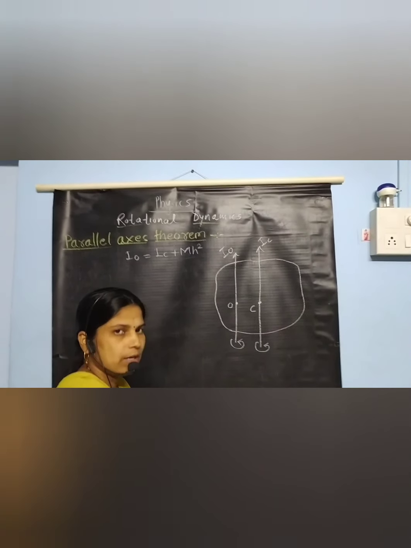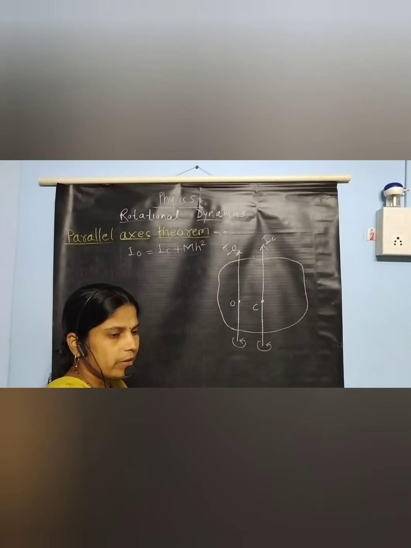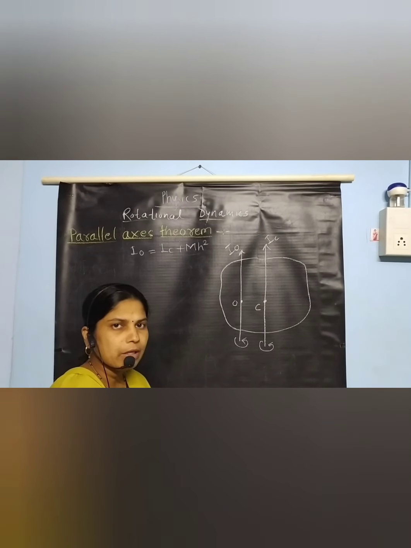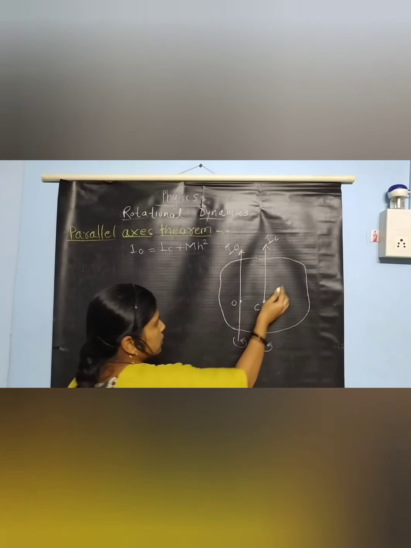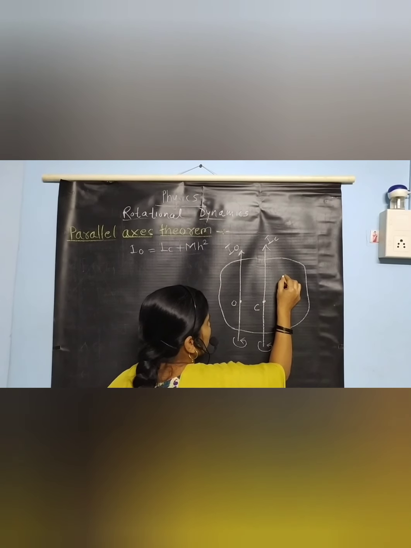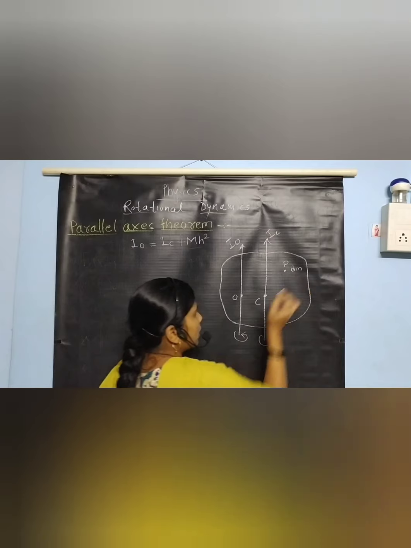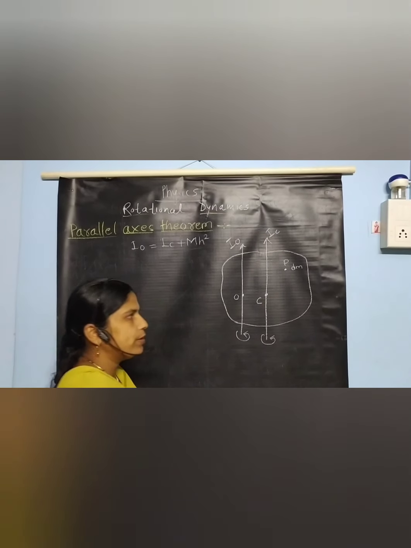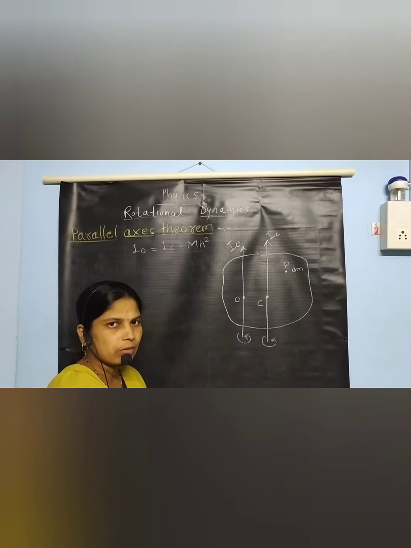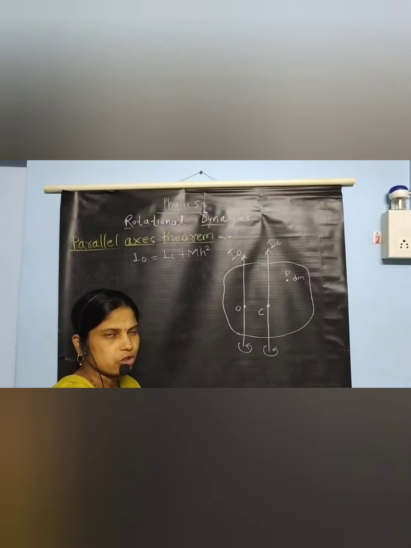Whole body has mass capital M. We consider a very small element of that body whose mass is dm, at point P. Now we have to make some construction to find the equation.